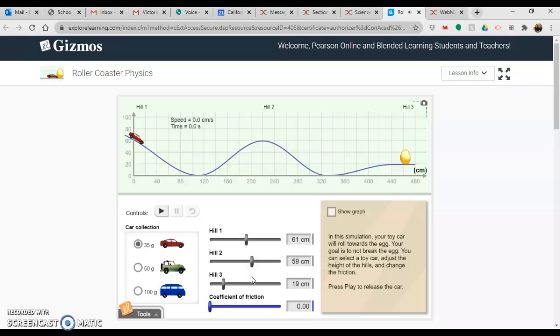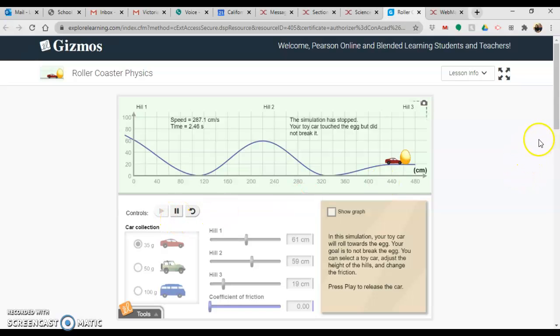But in any case, after they play around with these and they push play, they can see if the car had enough momentum to break the egg. So the idea is they want to become familiar with the idea that if they increase the steepness of the initial hill, it'll gain enough momentum at some point to crack the egg at the end.